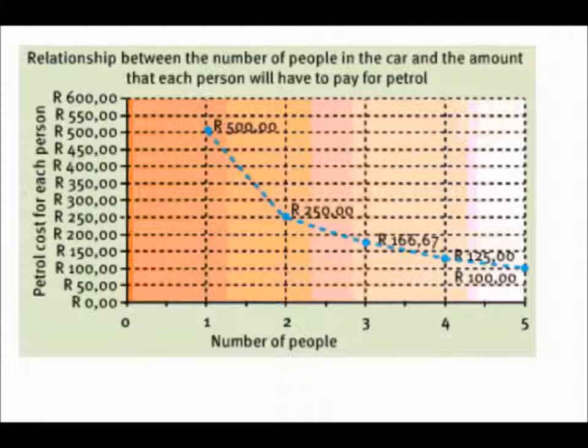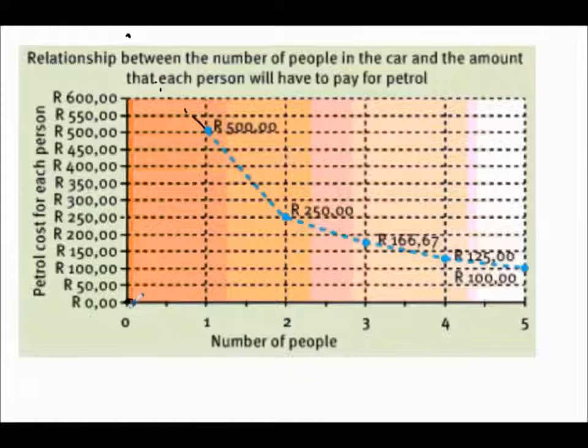Where does it intercept the axes? Well, it doesn't intercept the axes, and inverse proportion graphs never touch the axis, because if I plotted naught here following this pattern, it would mean that my graph is going to be somewhere up there, so naught people will pay 1,500 Rand for petrol, and that's absolutely ridiculous.